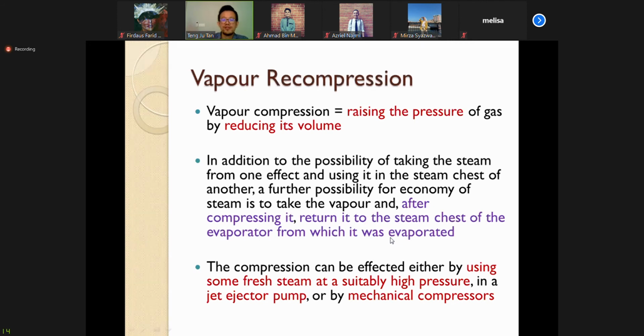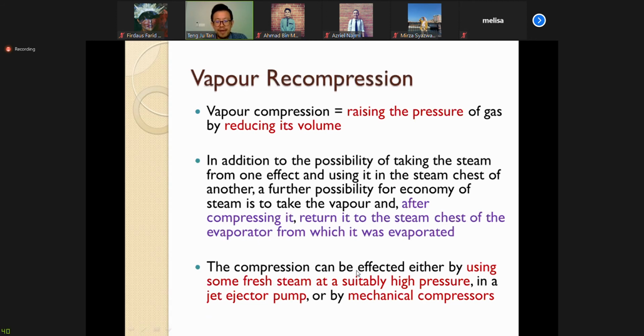So the vapor from evaporator 1 is going back as the steam for evaporator 1, not going to evaporator 2. Going back to the original one.